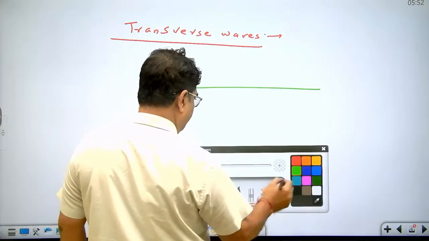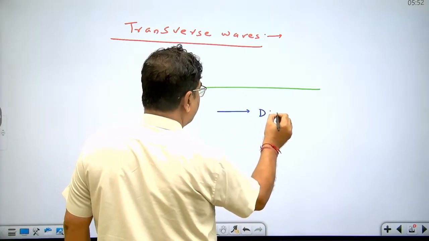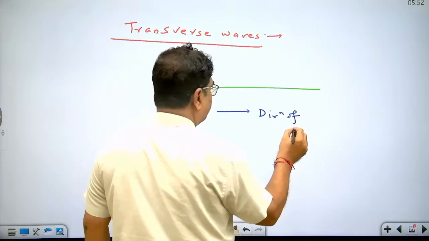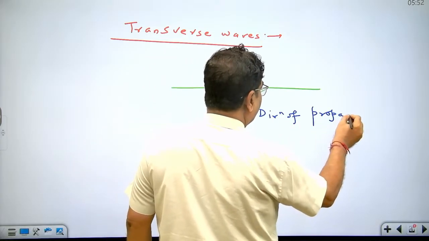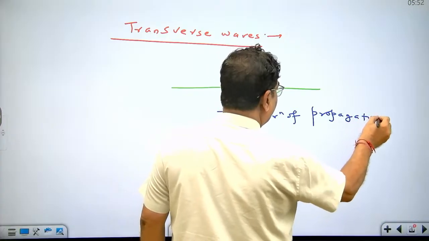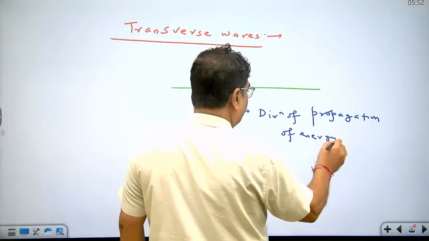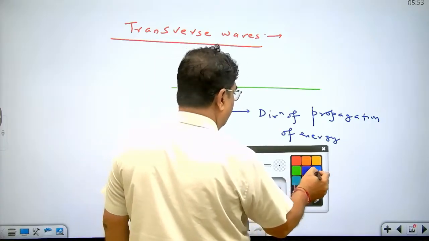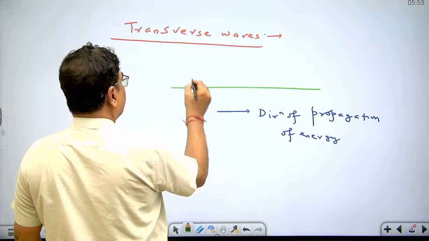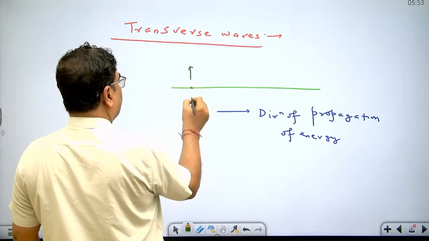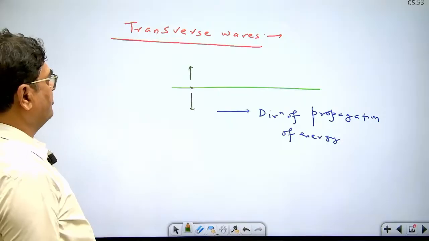Suppose this is direction of propagation of energy, and this is direction of oscillation of medium particle, upside downside. Then this type of waves are called transverse waves.